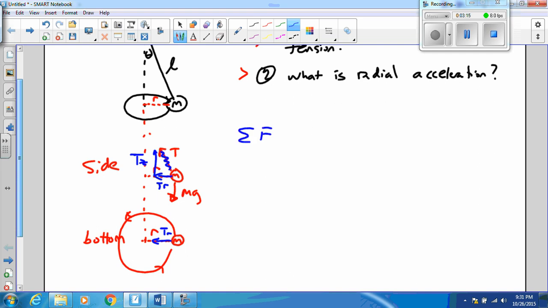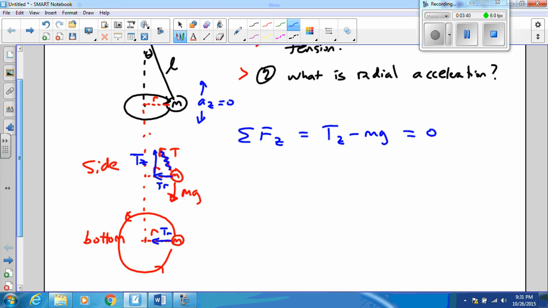Now we're ready for sum of forces. First of all, a sum of forces in the z direction from the side view. When we do, we have tension in the z direction minus mg, and all of that must be equal to 0 because the bob is not accelerating. There is no acceleration in this direction.